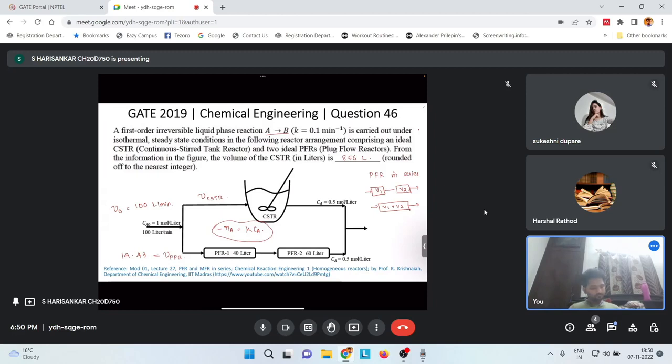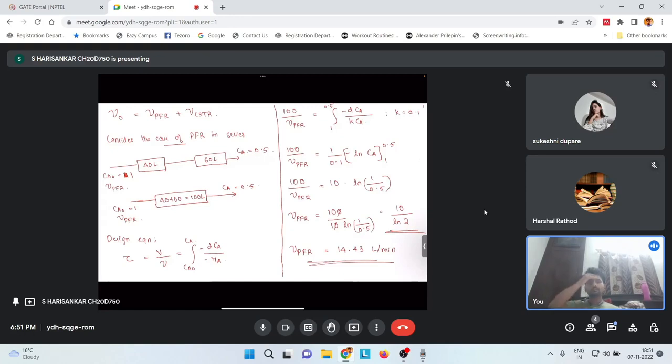Okay. So basically what we did here, I hope you guys are able to follow. We had one unknown here, and that is how the flow rate was distributed between the stream that went to the CSTR and the other stream that went to the series of PFRs. To find that, we used the design equation of PFR, and we also used the concept that two PFRs in series can be equivalent to one PFR which has the volume as the sum of the two PFRs' volumes.